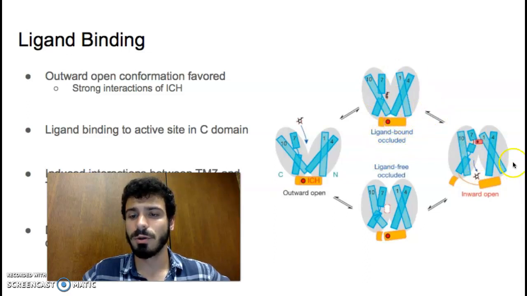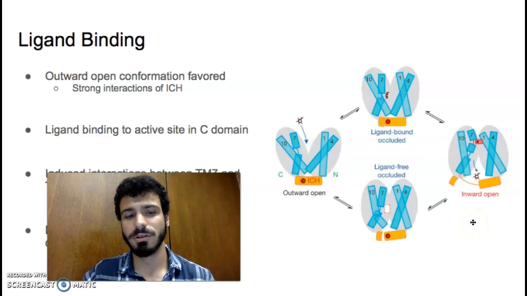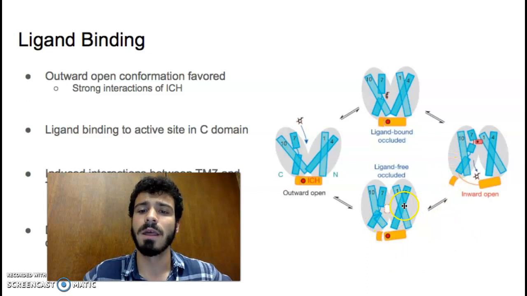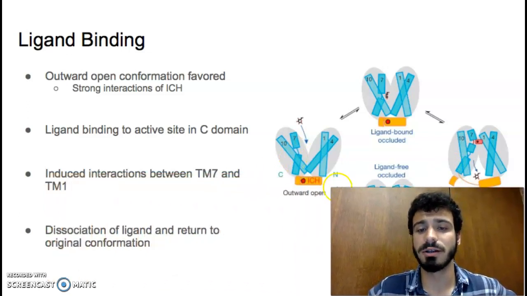And here with the inward open conformation, you have this full association between the 7 and 1 transmembrane segments signified by this little red brick. And then the glucose is here exposed to the intracellular environment and will dissociate if the concentration is low enough. Once it dissociates, the protein reverts back to its original outward open conformation, which is energetically favorable due to the strong interactions of the ICH domain.